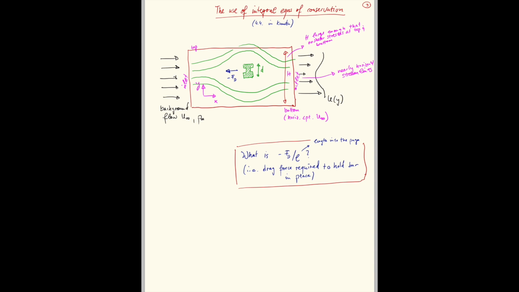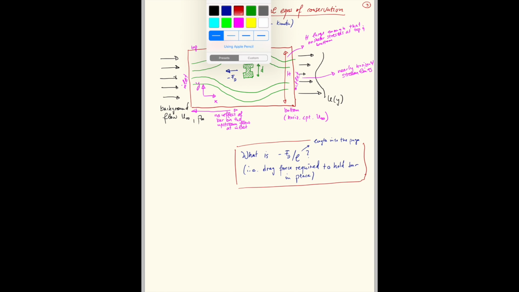Same at the inlet, we assume that the distance between the inlet and the bar allows that there's no effect of the bar on the upstream flow at the inlet. So the red box here is our control volume.